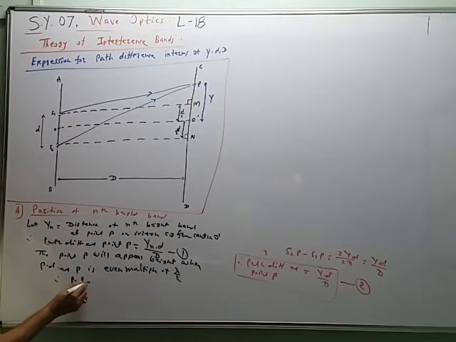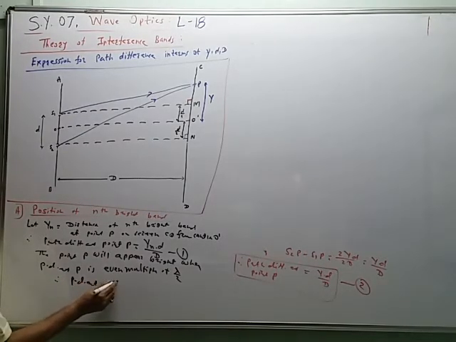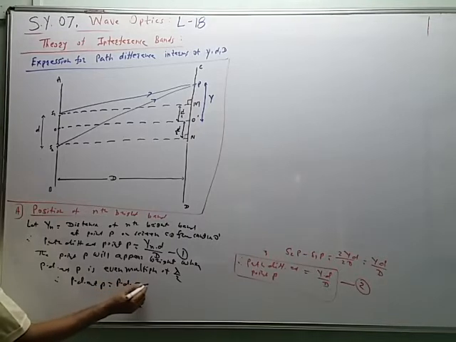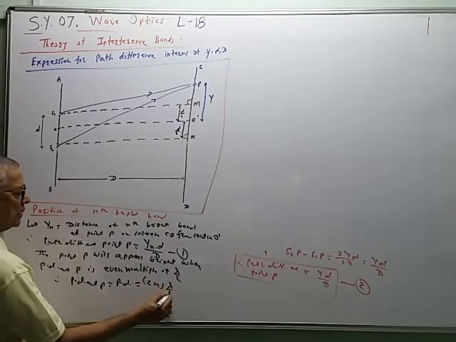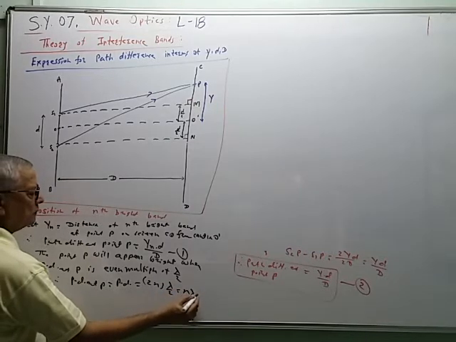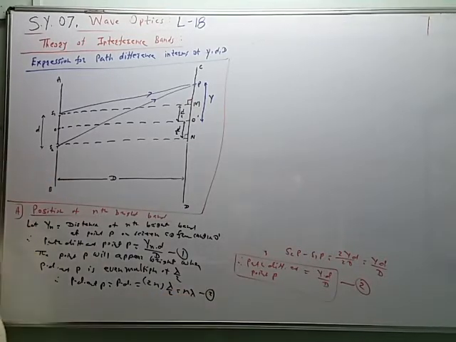Therefore path difference at P is equal to 2n multiplied by lambda by 2, or n lambda. This is equation 2.